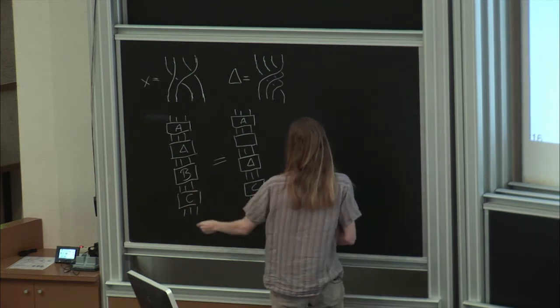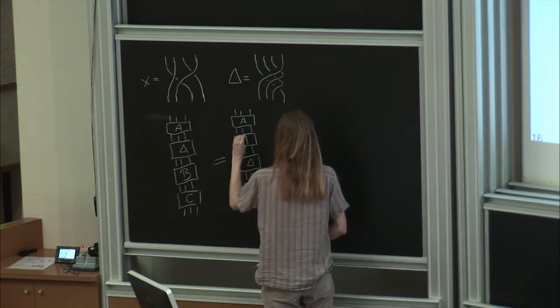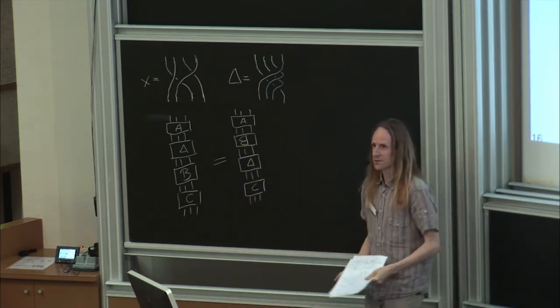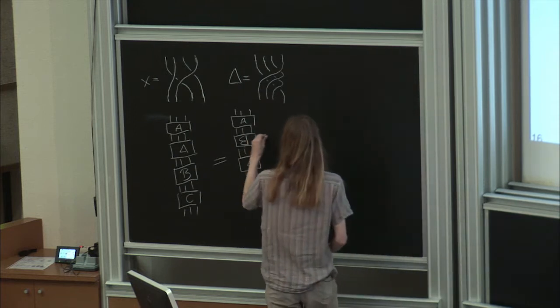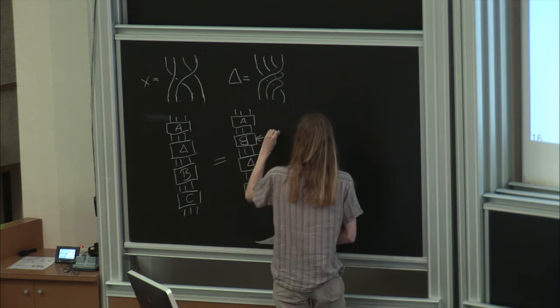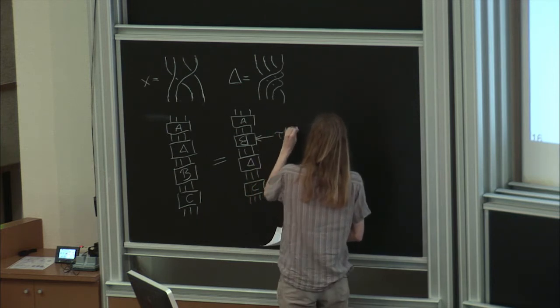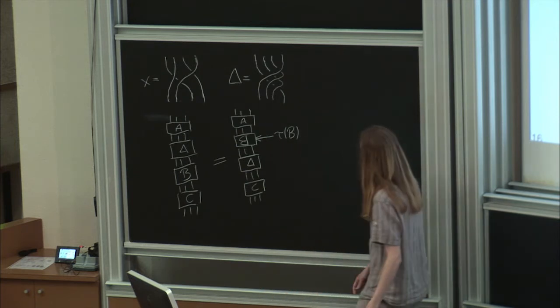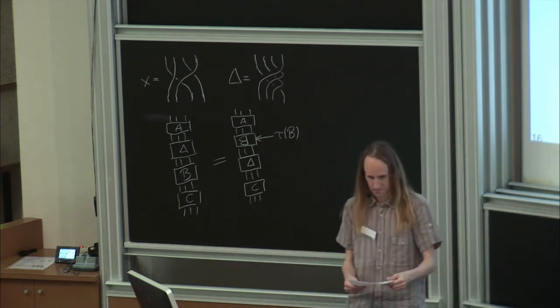The only thing that goes kind of wrong is that your letter B is flipped like that, and it's conjugated by delta. That is, we called that automorphism of the braid group tau, conjugation by delta.